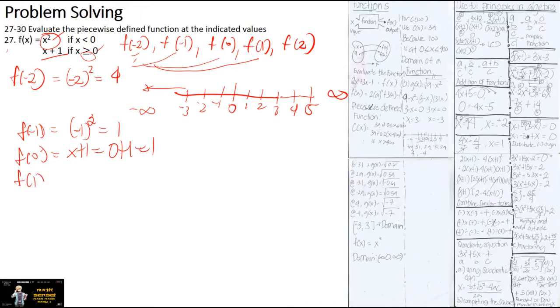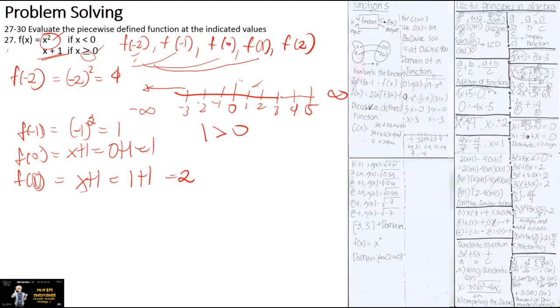Next. f of 1. So, is 1 greater than 0? Yes. Ito yung 1. Since mas nasa kanan siya ng 0, mas malaki siya kaysa rito. Diba? Okay. 1 is greater than 0. Madaling sabi. So, ito yung pipiliin ko na equation. So, that's x plus 1 equals to 1 plus 1, kasi sinubstitute ko yung 1 dito, papunta rito.